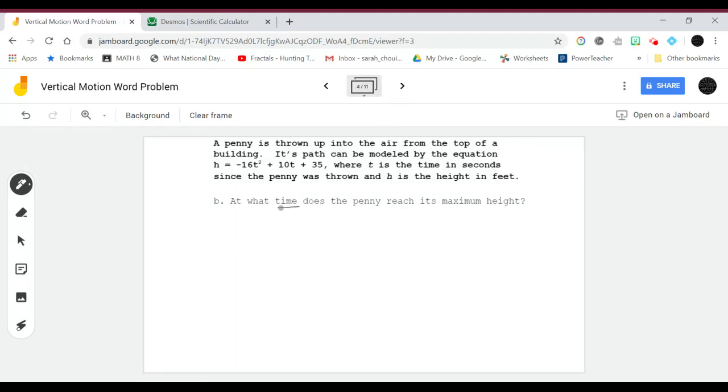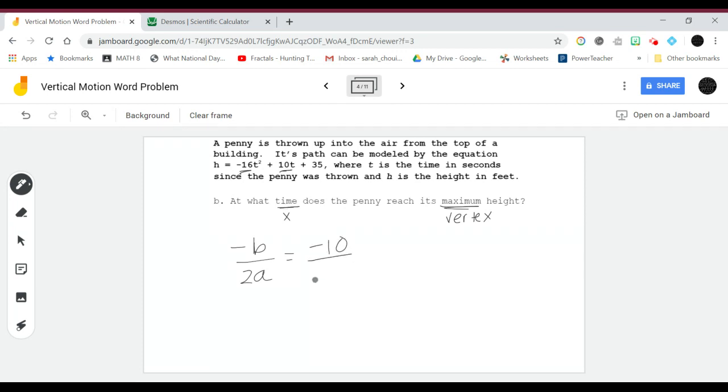So at what time does the penny reach its maximum height? As we know, the maximum of a parabola is the vertex. And when they ask for the time, they're really asking for the x-coordinate of the vertex, which we can calculate by doing negative b over 2a. That formula gives us the x-coordinate. So b is 10, a is negative 16.